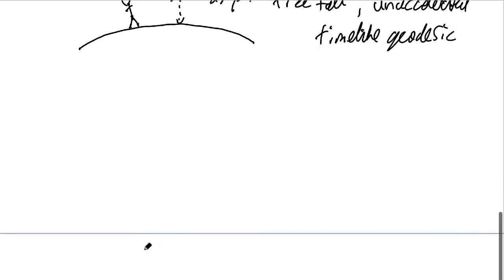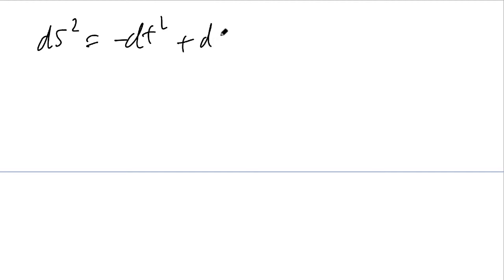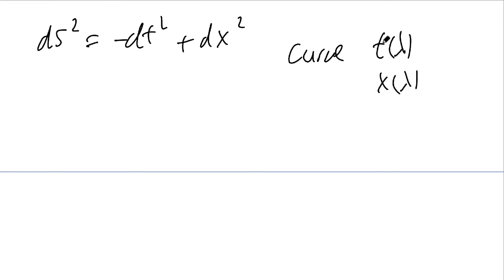Okay, let's compute the timelike geodesics for flat two-dimensional space-time in Minkowski coordinates. So this is the line element: ds squared equals minus dt squared plus dx squared. We'll consider a general curve, t of lambda, x of lambda, and we'll assume that this curve is timelike. In other words, every pair of nearby points along the curve are timelike related.